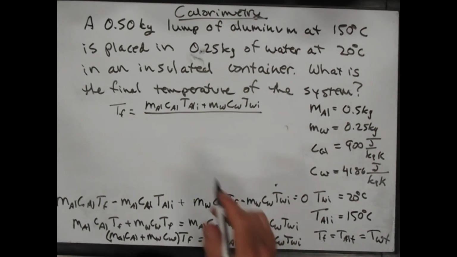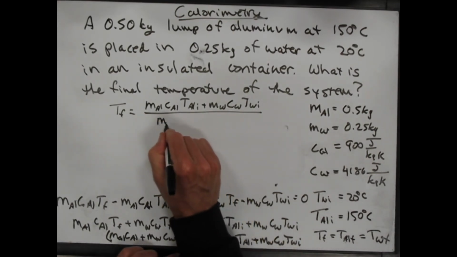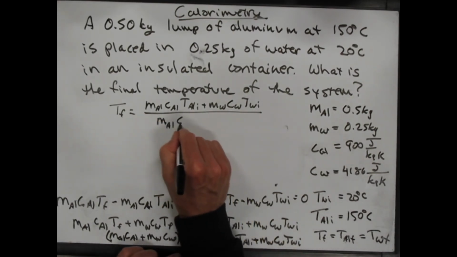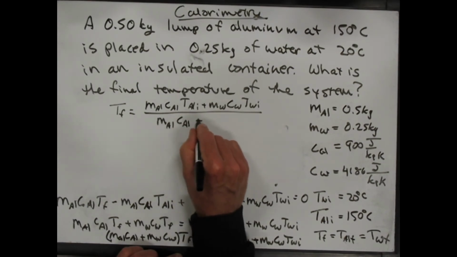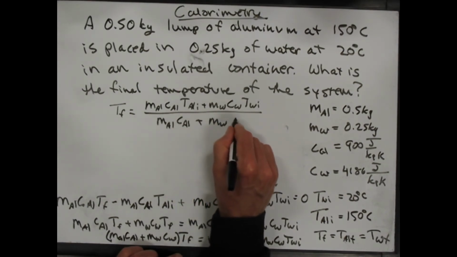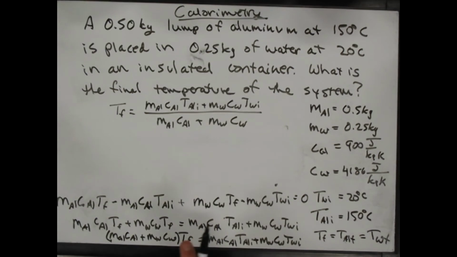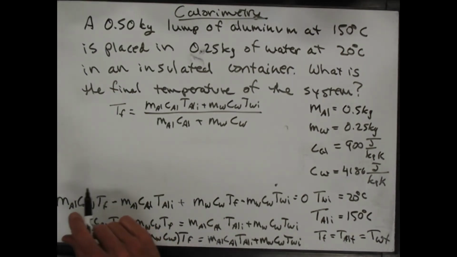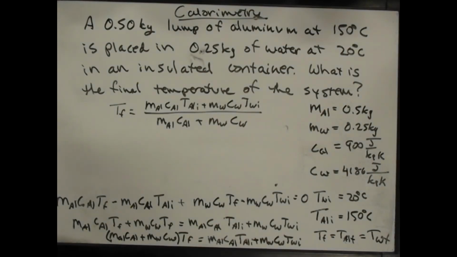I just divide both sides by the whole thing in parentheses. So it's mass of the aluminum, C for the aluminum, plus mass of the water, C for the water. And if you notice on the right side of that, I have all the numbers I need.